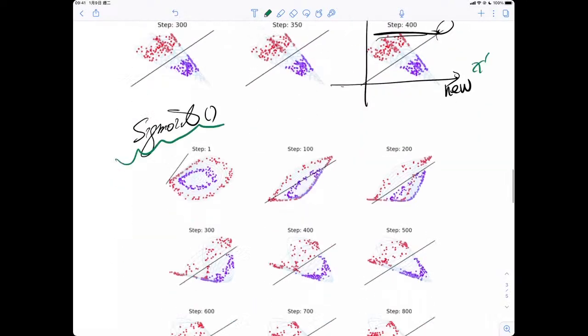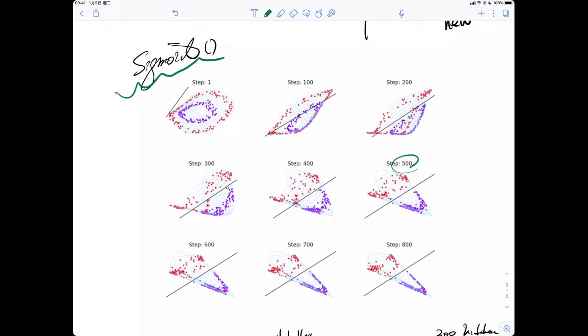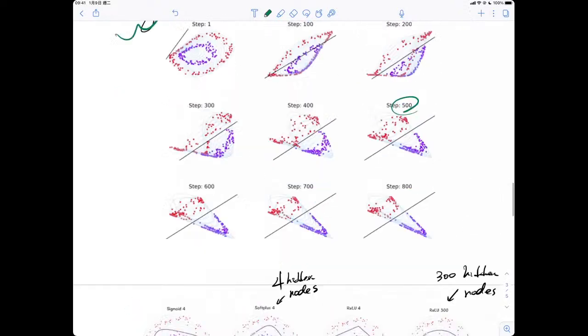But if you use sigmoid, maybe 500 times of folding and twisting is good enough to partition them. So again, the activation function is the way you twist, rotate, and push the data into a different latent space. If you visualize it, it is very similar, but the way they twist is a little bit different.